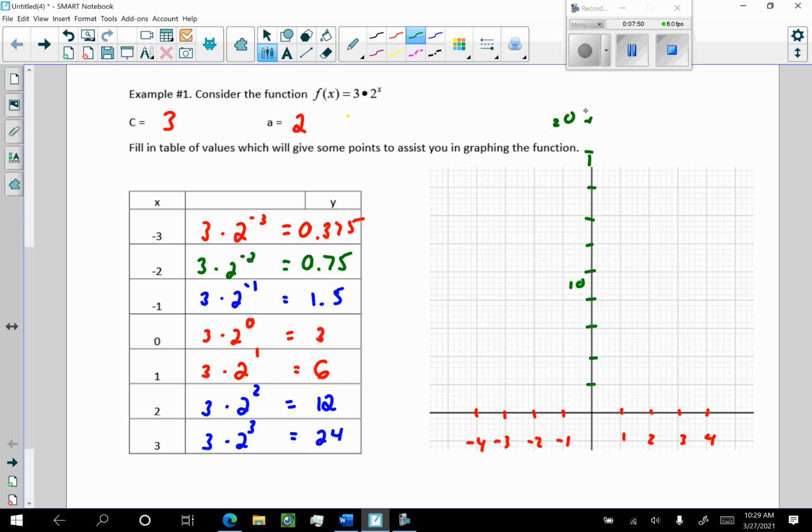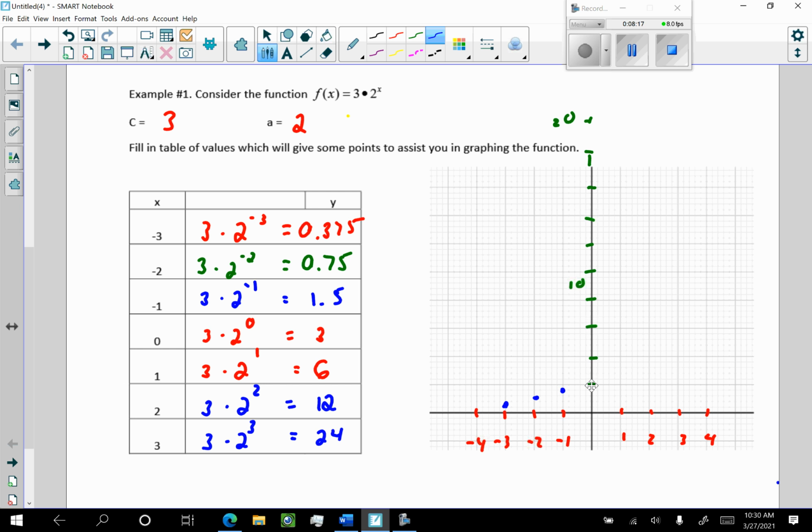So now let's plot these points. We have -3, 0.375. I'm going to graph the points in blue. That's a small number, smaller than 1/2. So that's going to be probably down about right in here. And then I have -2, 3/4 about right there. -1 is about 1.5, would be about right there.